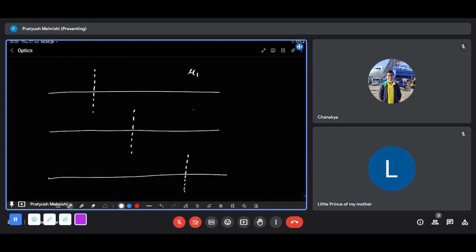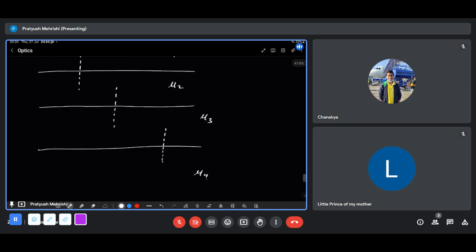Okay. So this is one medium of refractive index mu1, mu2, mu3, and this medium is of refractive index mu4.